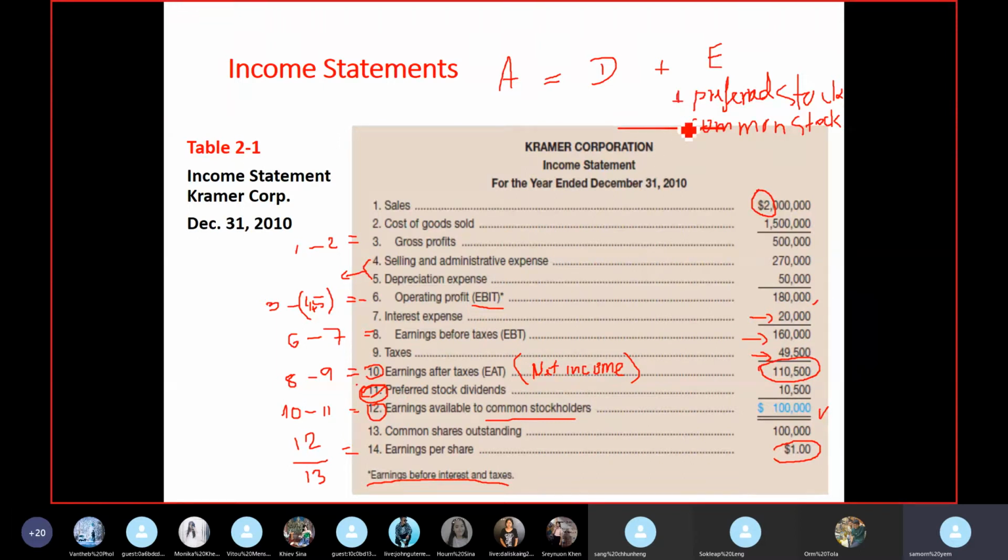So there are two main kinds of stock in stockholder equity. One is the preferred stock, and two is the common stock. For the part of liability or debt, the company can also issue this kind of financing to public investors.